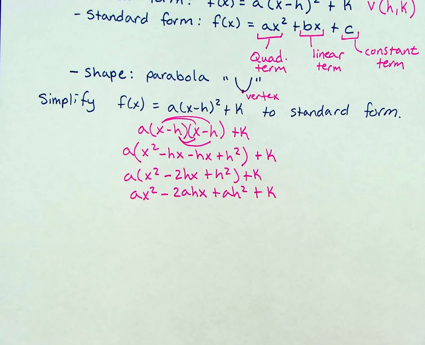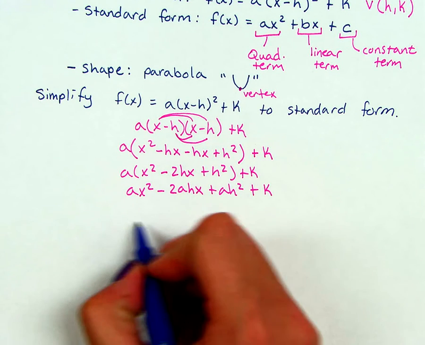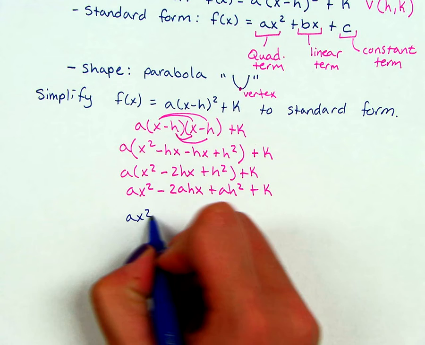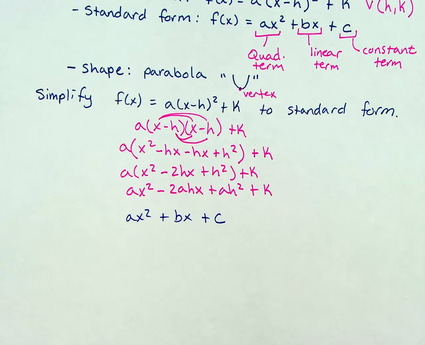And then we don't have any more like terms, so now we can start talking about how the two are related. Remember, standard form is ax squared plus bx plus c.